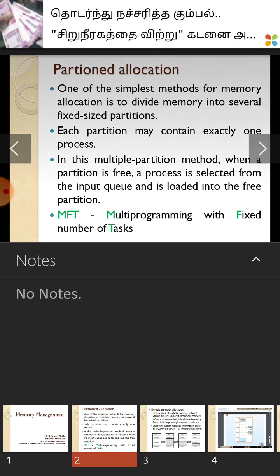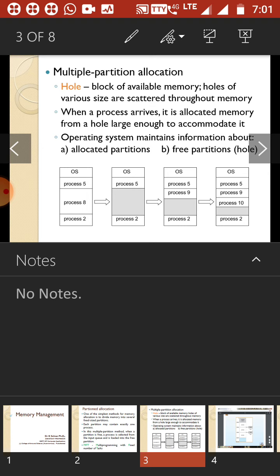So only that many user programs may be loaded and executed. Each partition in multi-programming with a fixed number of tasks is treated as a hole.